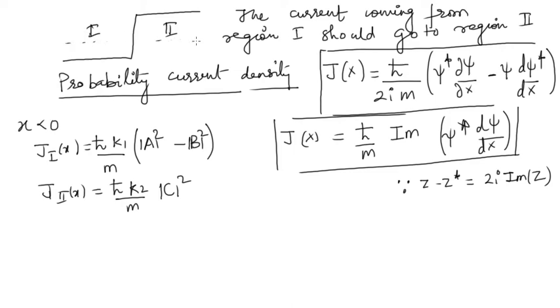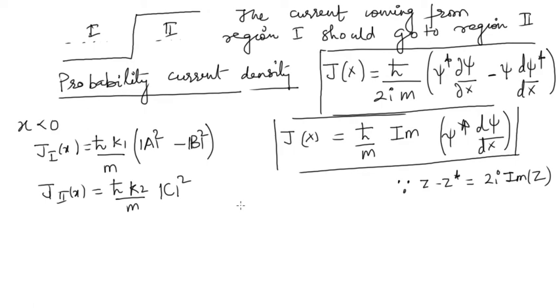Then only there will be a current conservation. The current on the left is the same as that on the right. And also a very important point to note here is that it does not depend on the value of x. It is a constant. That's very, very important. So current conservation is encoded in the Schrodinger equation, and we have to get this.